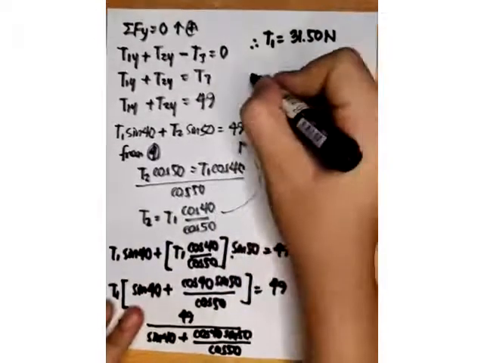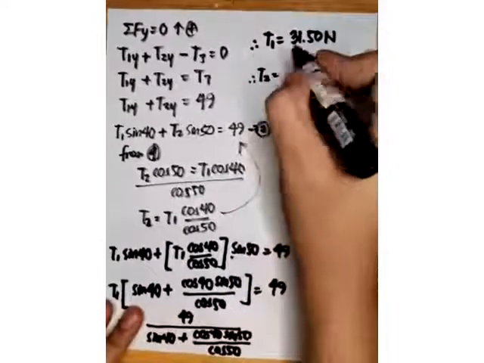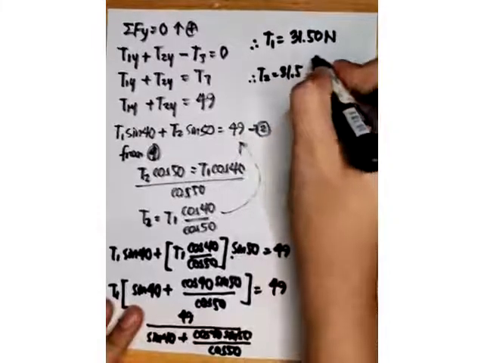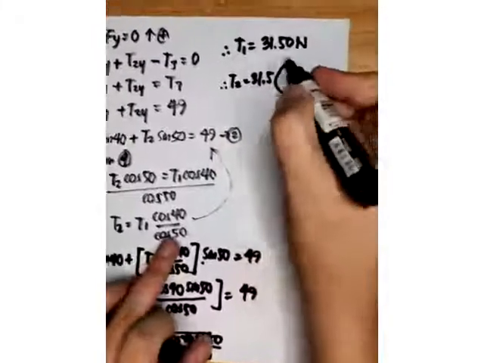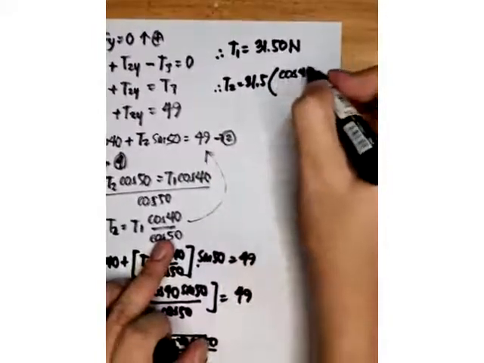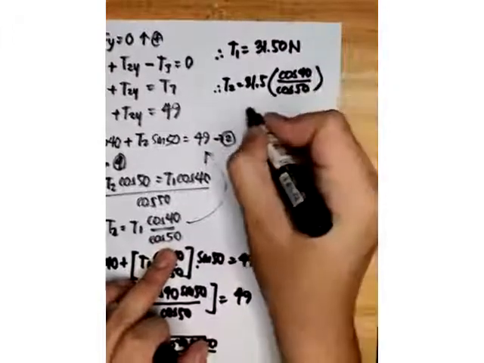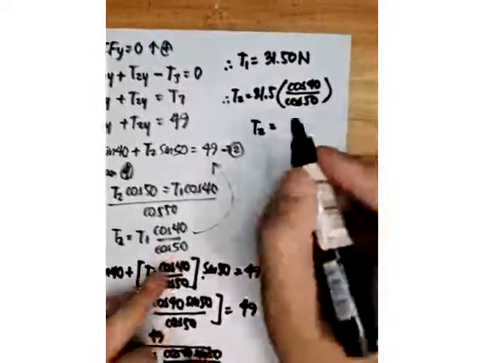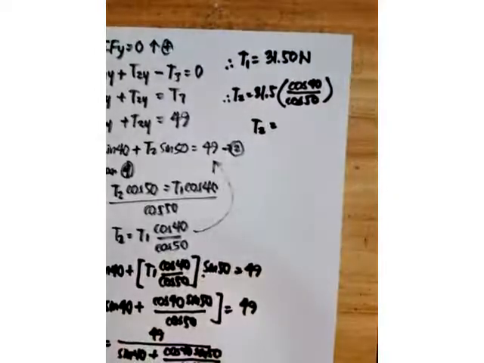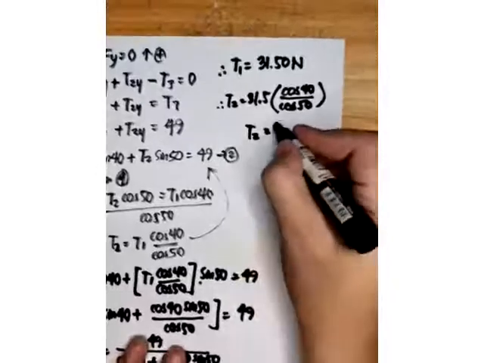Okay? And therefore, T2 is equal to 31.5 times dito, okay, cosine 40 over cosine 50. So what's T2? Okay, 37.54.